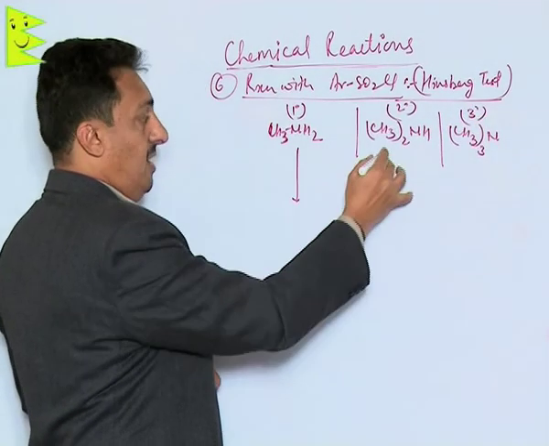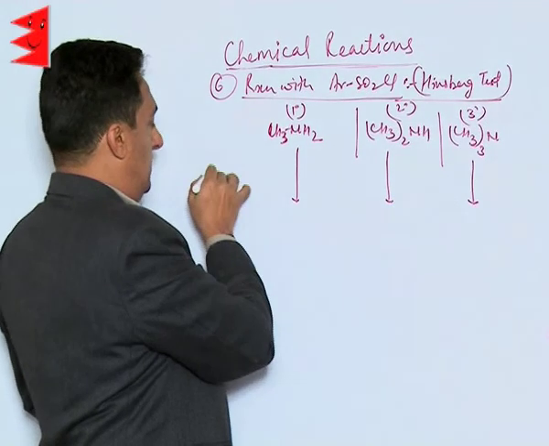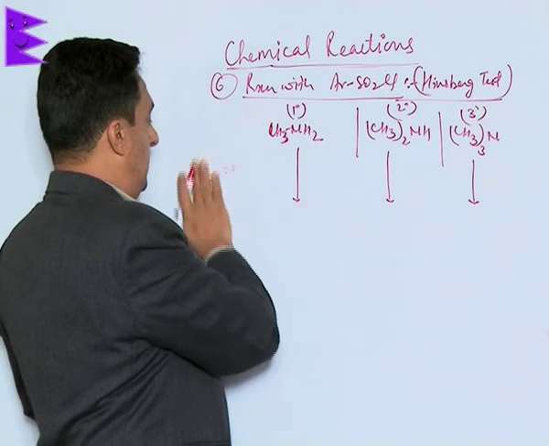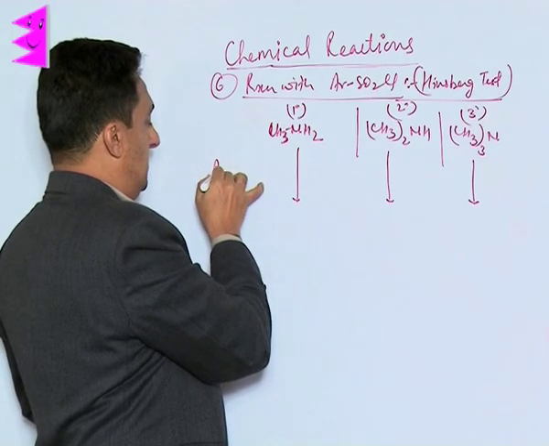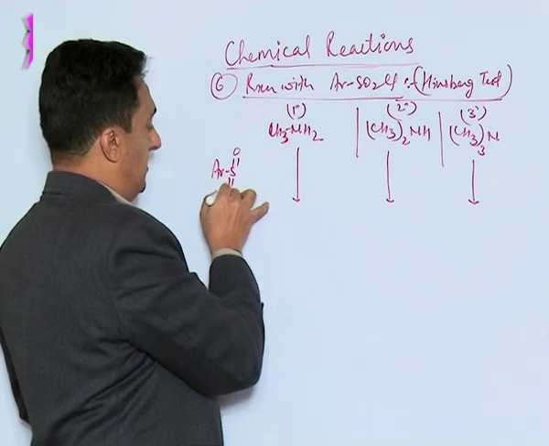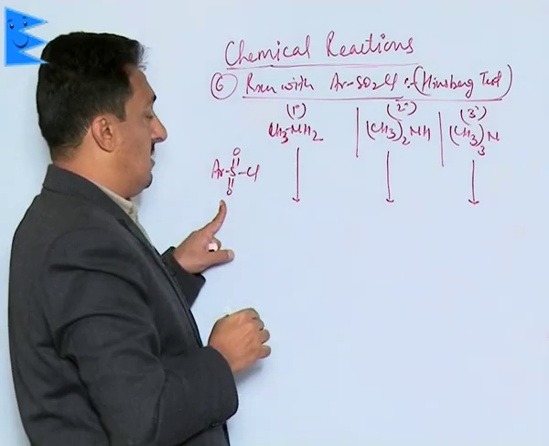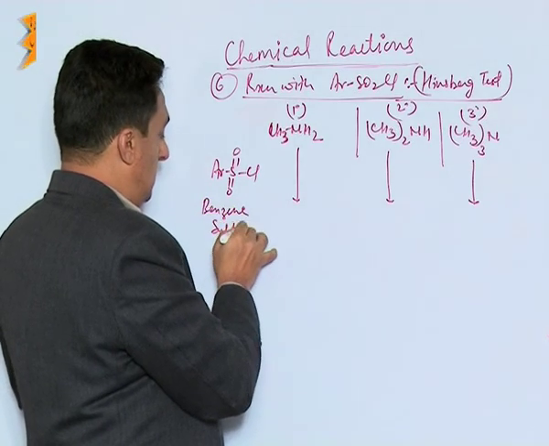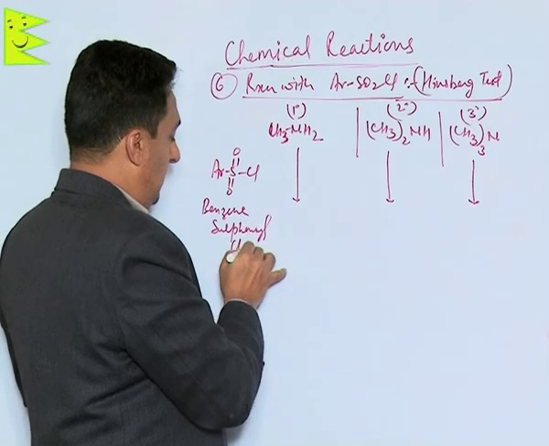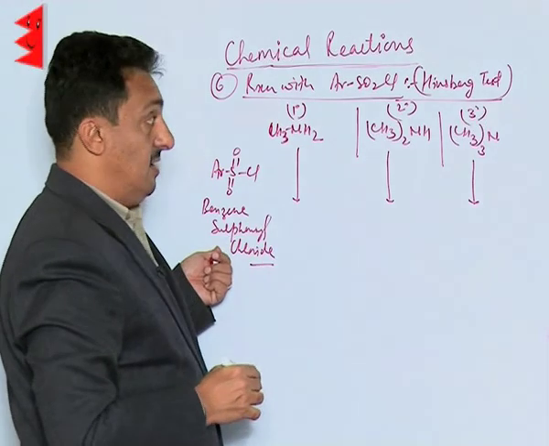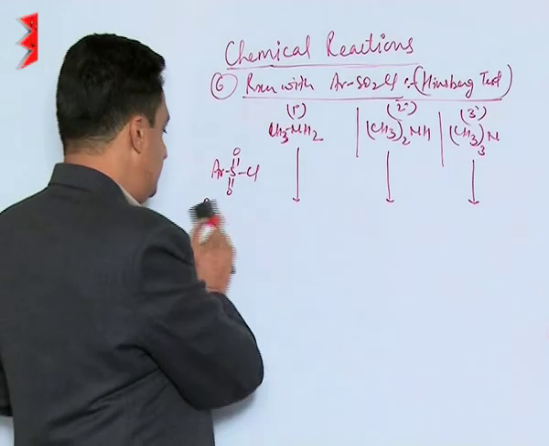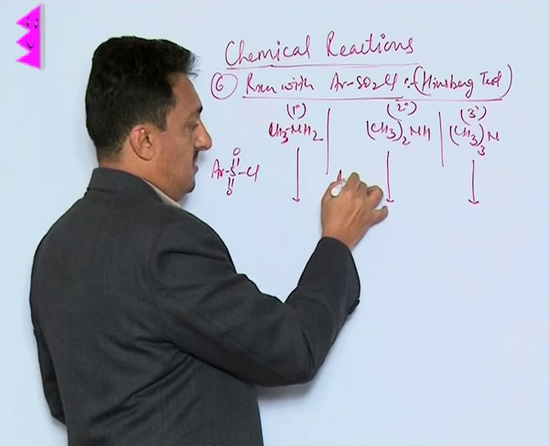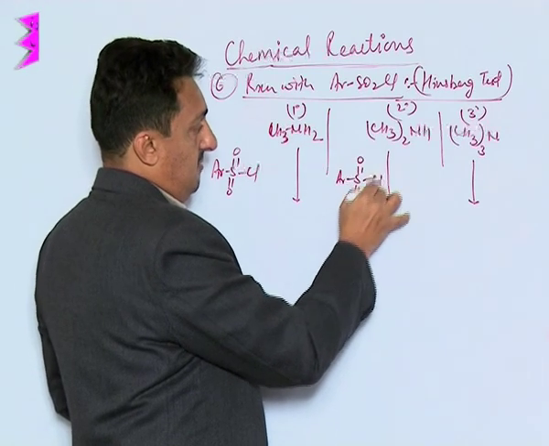We react all these three with, let me write it in short as Ar meaning benzene ring, with this compound which is called benzene sulfonyl chloride or Hinsberg's reagent. So we will react all the three amines with this reagent.